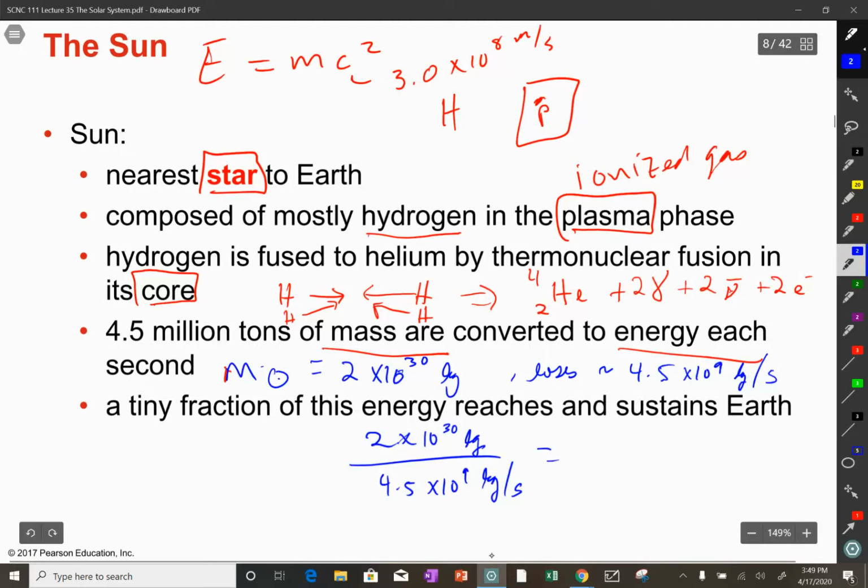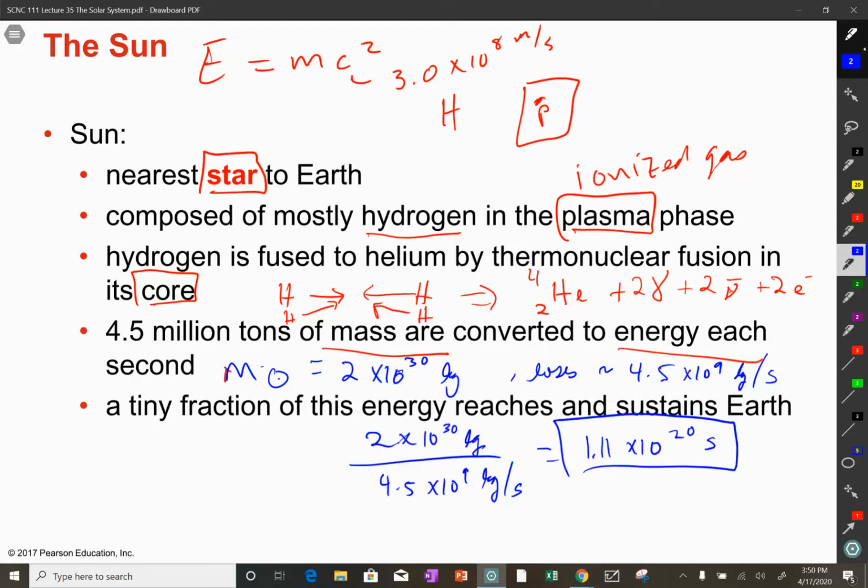That's equal to, let's see, 2 over 4.5 is 1.11 times 10 to the 20 seconds. Convert that to years, and it's somewhere around 10 to the 12 years. A very, very long time before the sun would ever run out of mass by this process.